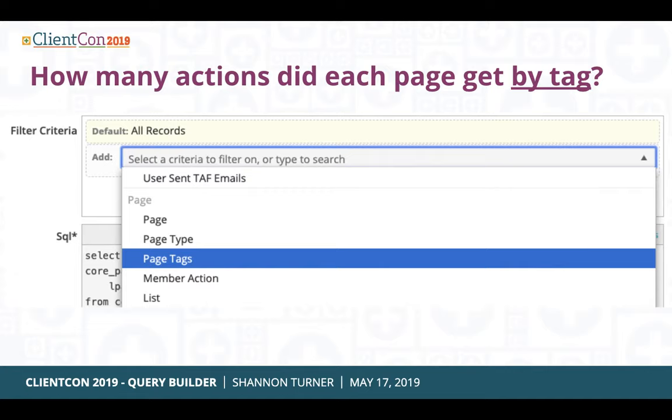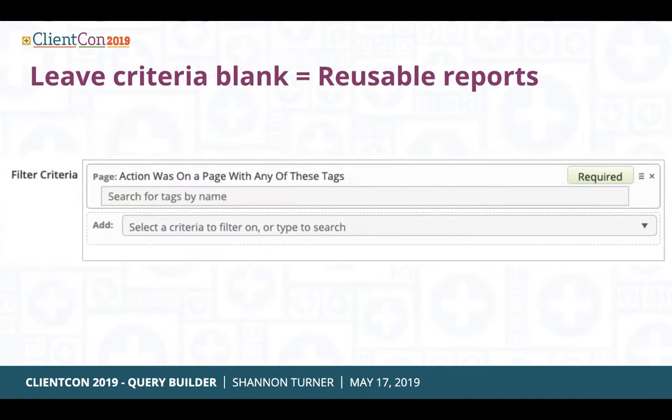When setting up our report, we said that we wanted to find the number of actions each page got for a given tag. So let's add a filter here that will filter by a page's tags. Now, I could enter in specific tags that I wanted to search on for this report, but I want to show you something really cool.